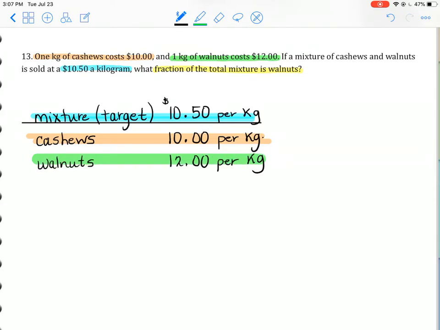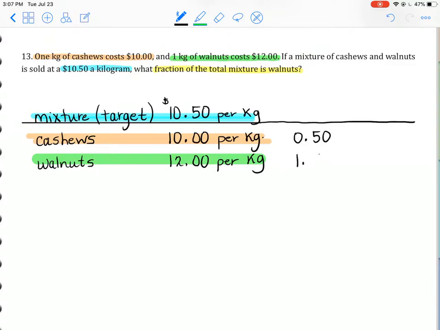Okay, and then I want to do one more thing. For the cashews, let me just extend that line out there. The mixture is $10.50. The cashews are $10. So there is a 50-cent difference between the cashews and the target. The walnuts are $12. The target is $10.50.